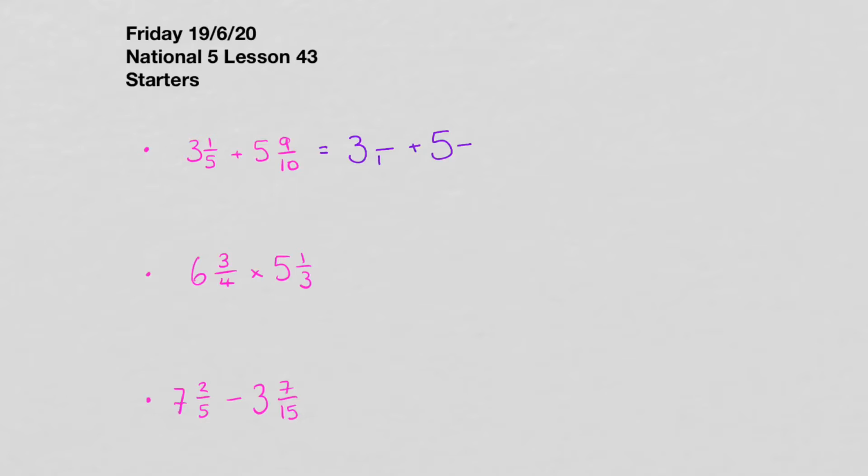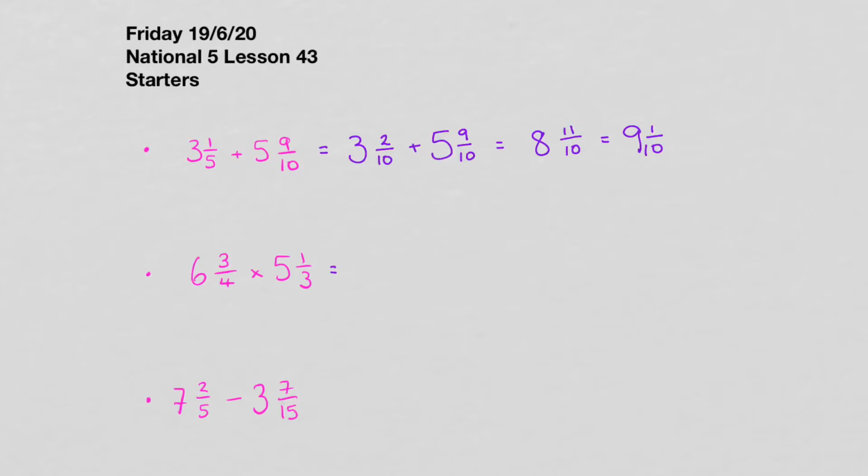We're changing the fractions to a common denominator, and then we add the whole numbers and we add the fractions and then we simplify. Okay, if you need more work on this, look back at the video where we did adding and subtracting fractions.